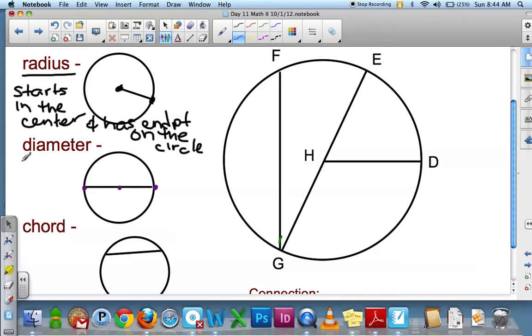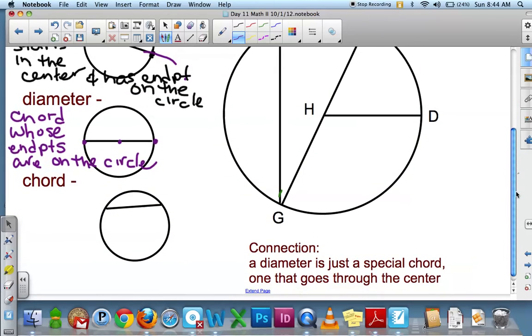So it's actually a chord whose endpoints are on the circle. At any point you can pause this video so you can make sure that you have this written down correctly for yourself. So a diameter is a chord whose endpoints are on the circle. Then we've got a chord.